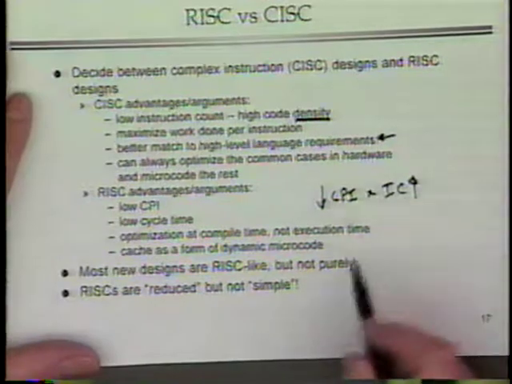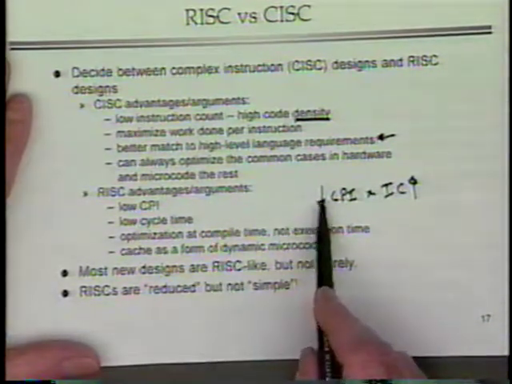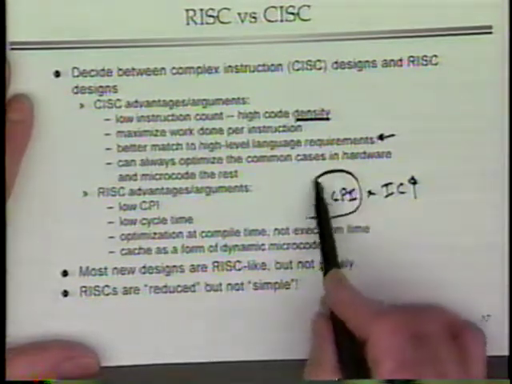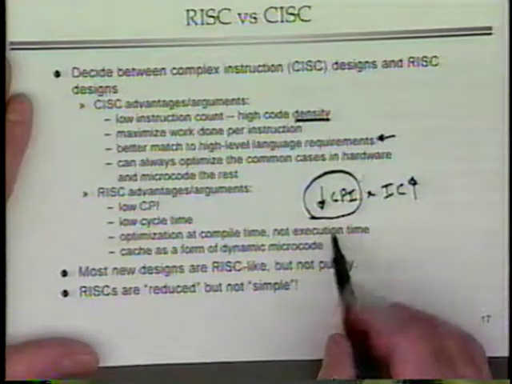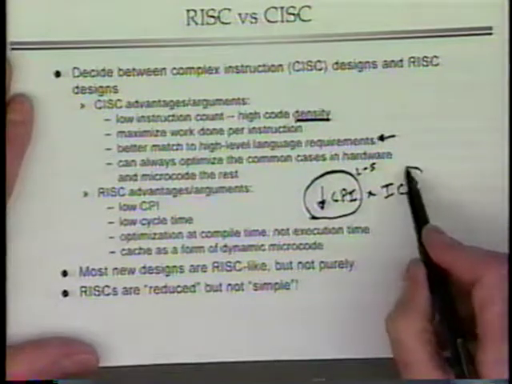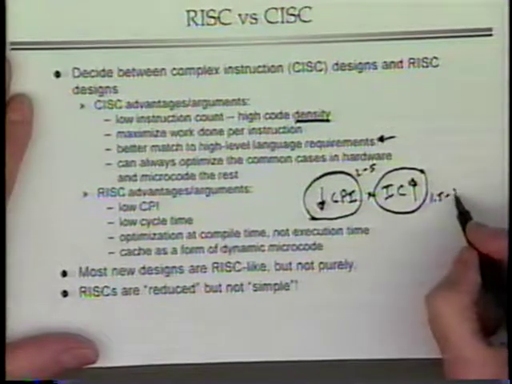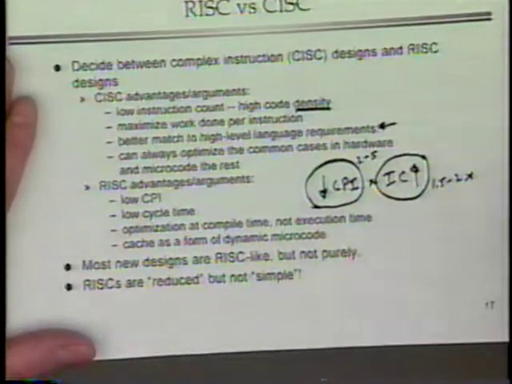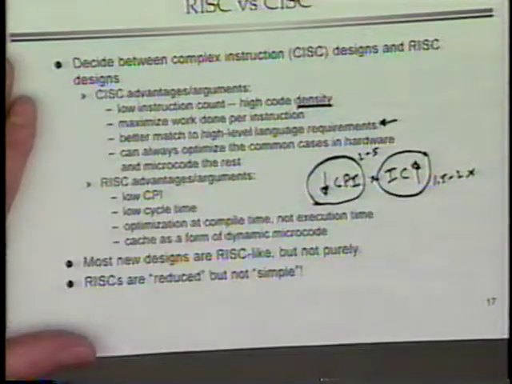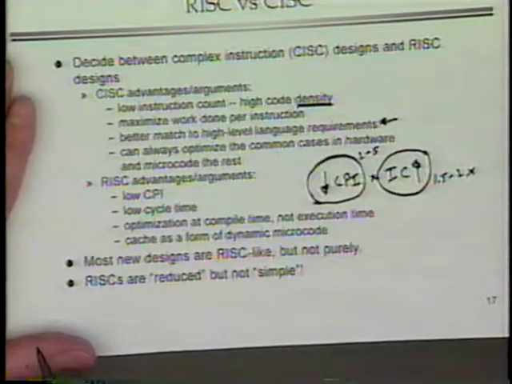The big breakthrough came in recognizing that using the RISC implementation and the high-performance pipelining that we'll talk about later, you can get a much larger effect by lowering the cycles per instruction by factors of 2 to 5 or greater, and the corresponding increase in instruction count is much less. It's 1.5 or 2, or some number like that, and we'll see some measurements that support that later. So although the people proposing CISC instruction sets had the right idea, the numbers were against them.